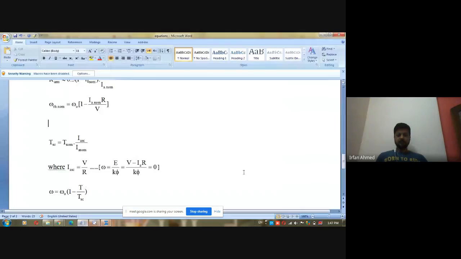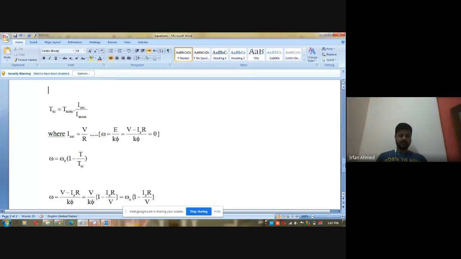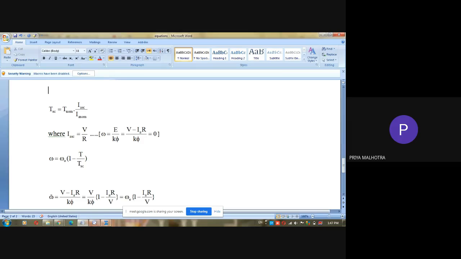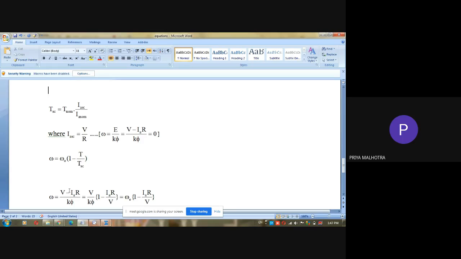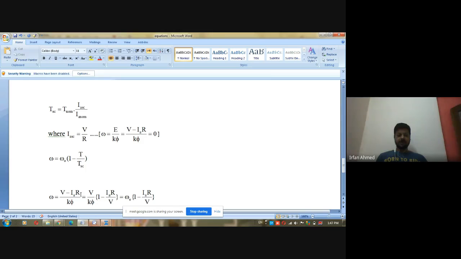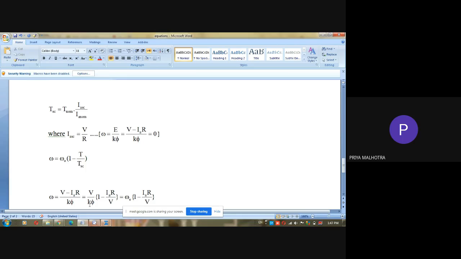Now an equation for the motor speed torque characteristic can also be written like this. Omega is equal to E upon K phi, where E is equal to V minus IAR. Omega is equal to V minus IAR upon K phi. Now we can take out V upon K phi from here.